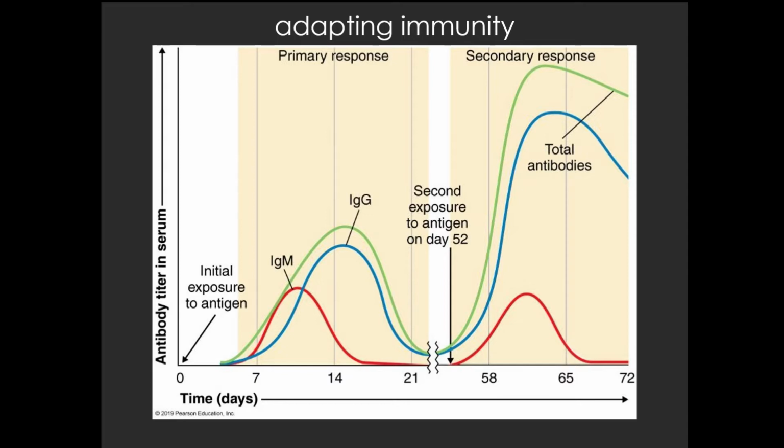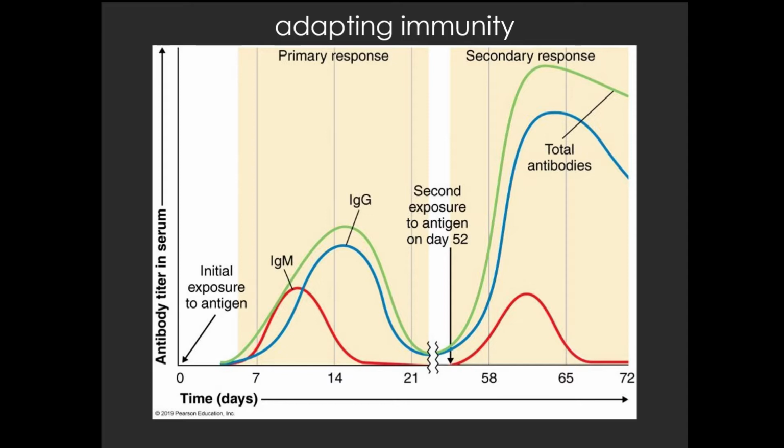So when you're initially exposed to an antigen, it takes about a week for any antibodies to be measured at all. Remember, that week is the amount of time it takes for the antigen to get to the naive B cell, for the B cell to become activated, and that activation and the production of plasma cells and antibodies takes a while.